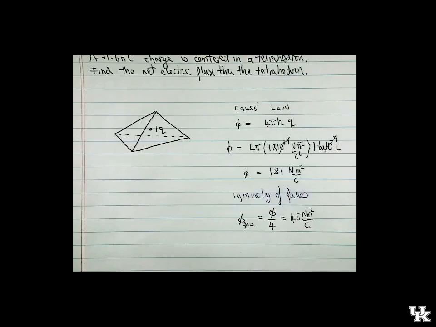It would be impossibly complicated to answer what is the flux through each individual face. It would be different. A face that's closer to the charge would see more flux, a face that's further from the charge, less flux. But to actually calculate those fluxes would be impossible. It's only because it's at the center that there was a symmetry. Okay.